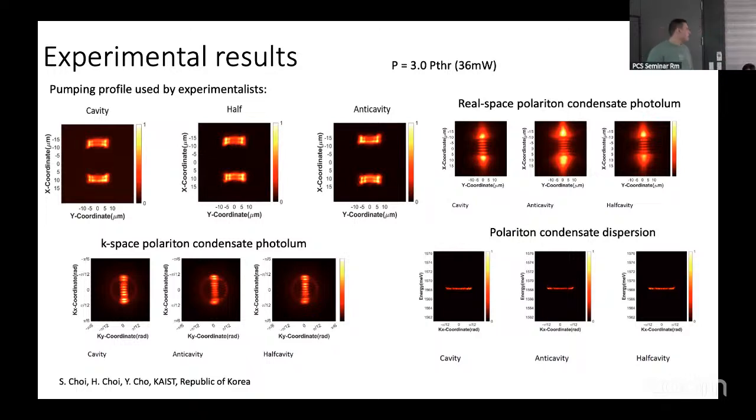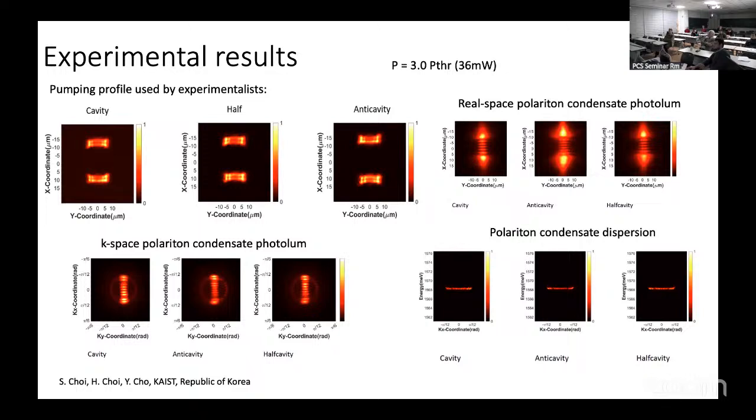Another question: we have pictures on the left and also on the right, and the pictures are quite different in angle and rotation. What is the reason? The pictures on the left are just pumping profiles, a reflected image of the pumping scheme that experimentalists use.